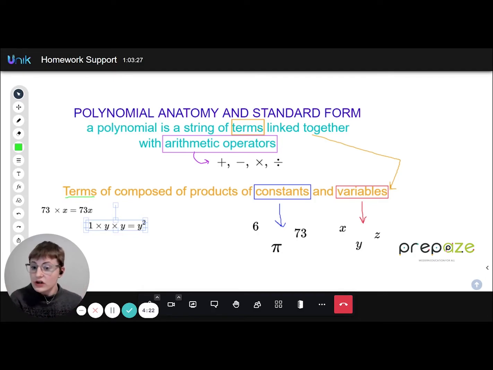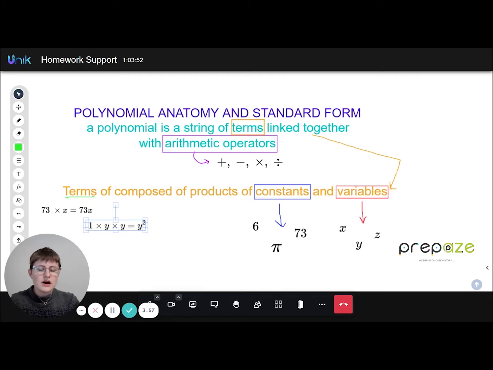Now, what are these terms that we talk about? Well, we've been working with terms all of the time in math leading up to this point. But the terms that we're talking about with polynomials are a composed product of constants and variables. So constants are like the real numbers that we've seen: 6, 73, pi are all examples of constants.